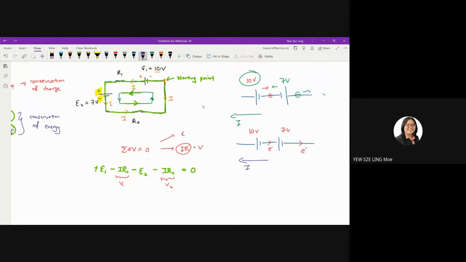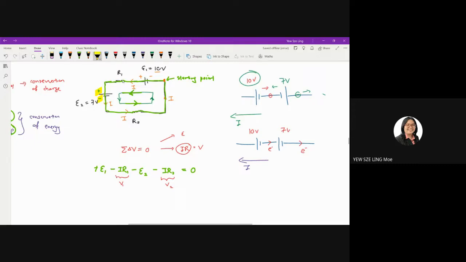So that is the idea of potential rise and potential drop, and when to use positive and when to use negative. You look at the direction of the loop, and also at the terminal of the battery, the terminal of the EMF. For a resistor, it depends on two things: the direction of the current, and the direction of the loop.